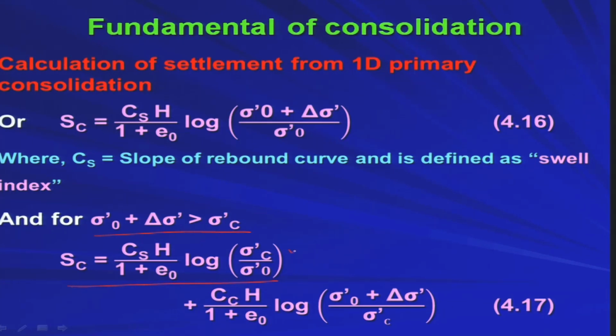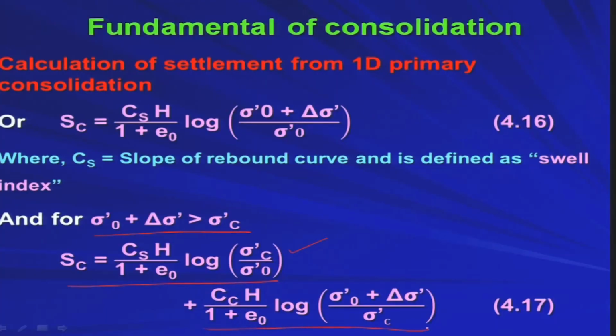This part gives you the settlement due to the rebound curve, the over consolidated part, and this part gives you the normally consolidated part. So this equation 4.17 gives the total settlement for over consolidated soil when your stress increment is greater than the pre consolidation load.